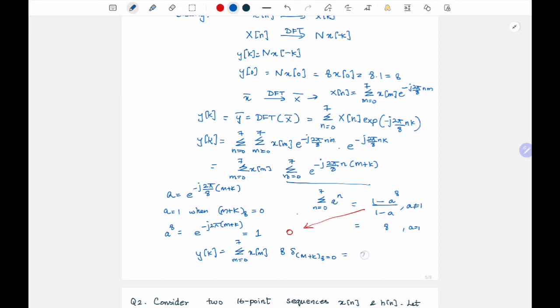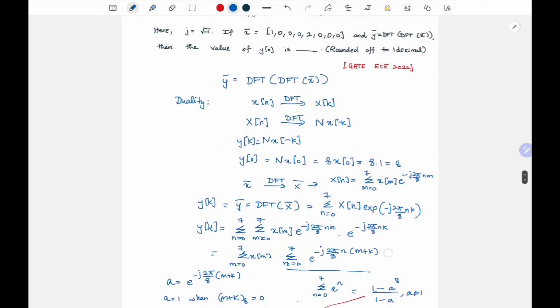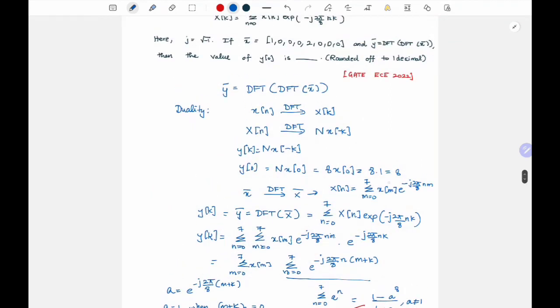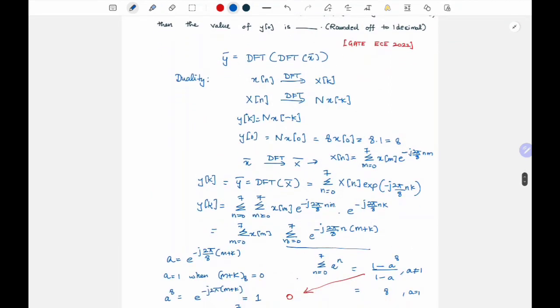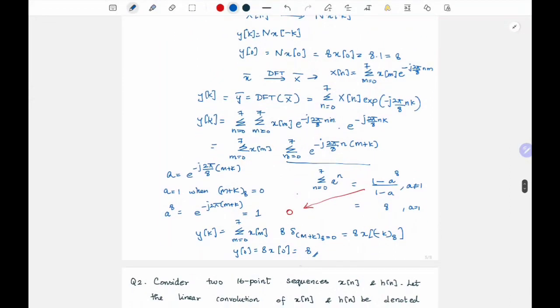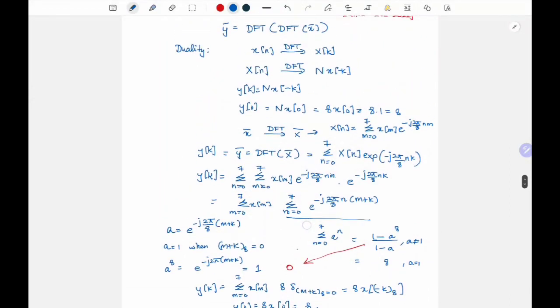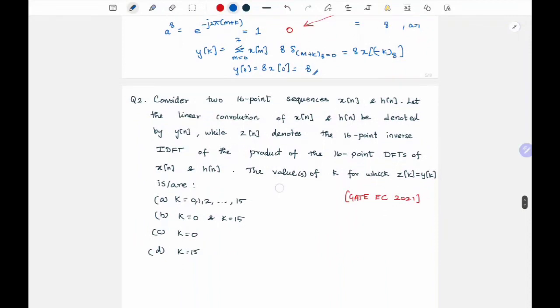So this is nothing but 8 into x of minus k mod 8. And for y of 0, this is nothing but 8 into x of 0, which is nothing but 8 itself. So that is what we derived. This is using duality, we saw that. And using the entire formula and derivation also, we are getting the same thing. Okay. So moving on to the next question.